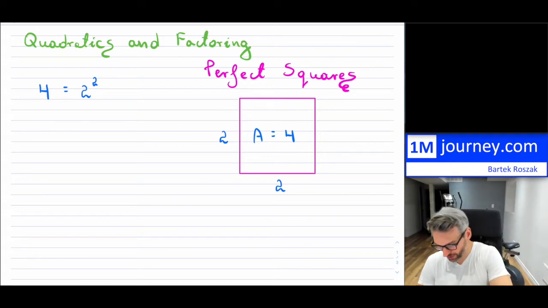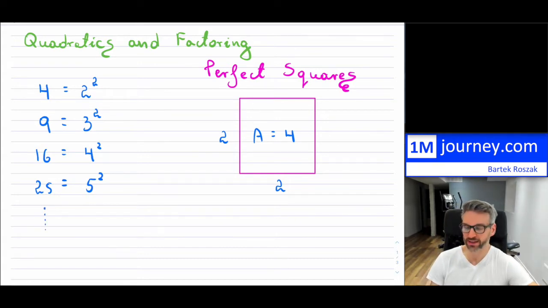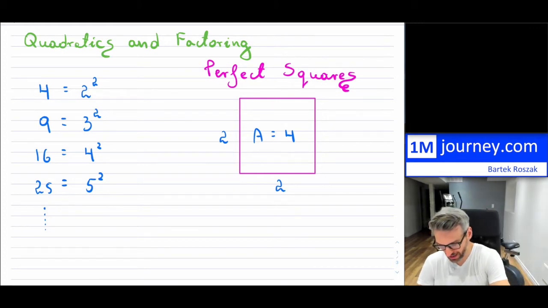Of course, there are many other perfect squares. 9 was a perfect square because it was 3 squared. 16 was a perfect square because it is 4 squared. 25 was a perfect square because it is 5 squared, and so on. The main idea is that if you take the square root of a perfect square, you get exactly your base back.